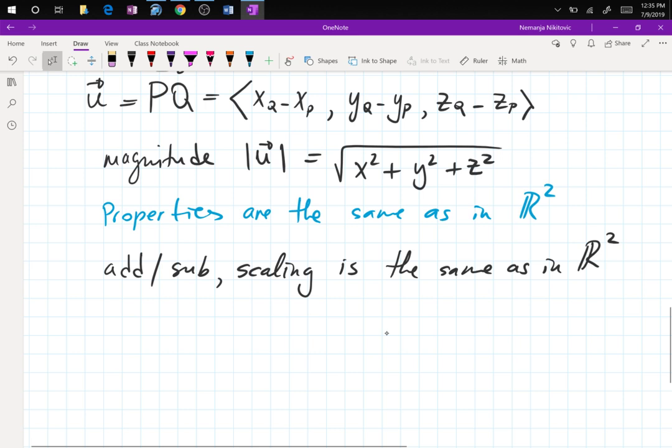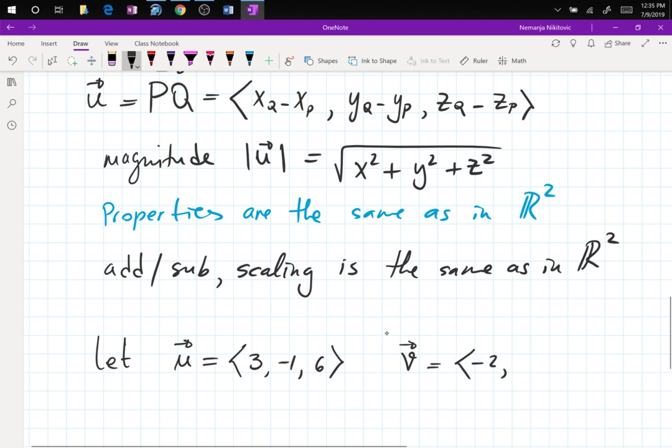So let's say you let vector U be 3, -1, and 6, and vector V to be -2, 8, and -3, whatever.